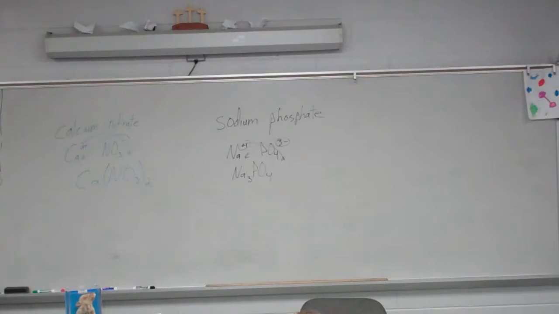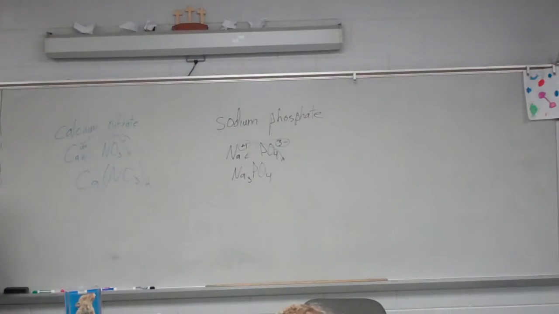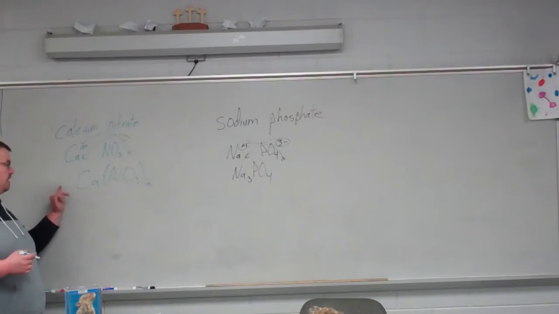Put it in parentheses, put the 2 on the outside. The only time you're ever going to do something different is whenever we're doing chemical equations, where we have to balance out both sides.